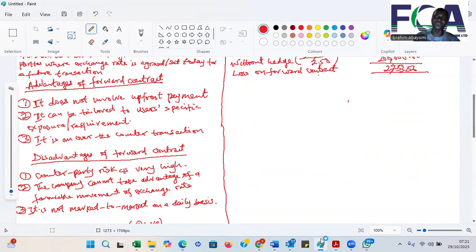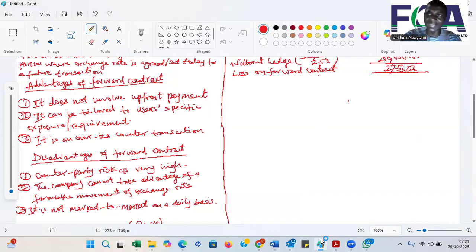You are converting your future foreign obligation to a local obligation, and your foreign receipt to a domestic receipt, even before the transaction date. That is money market hedge.